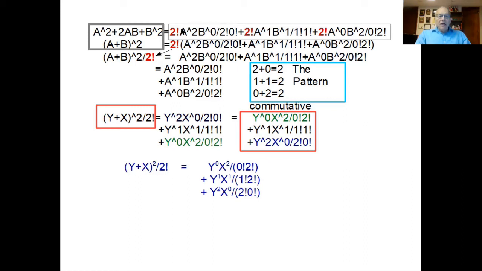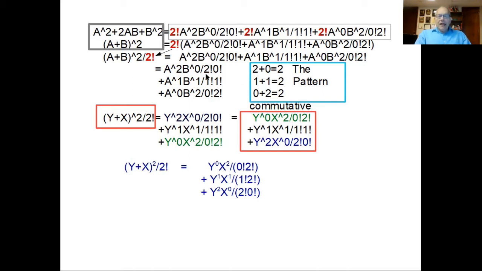And I then divide both sides by 2 factorial, replacing this by a plus b squared. And I get a plus b squared divided by 2 factorial is equal to this, which is the expression above without the 2 factorial, since 2 factorial divided by 2 factorial is 1.